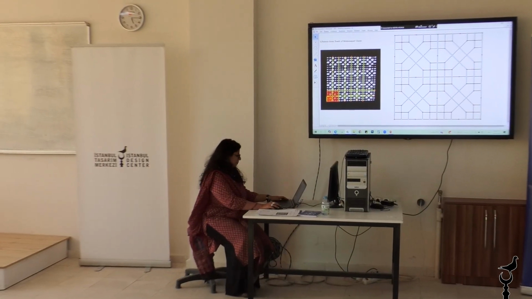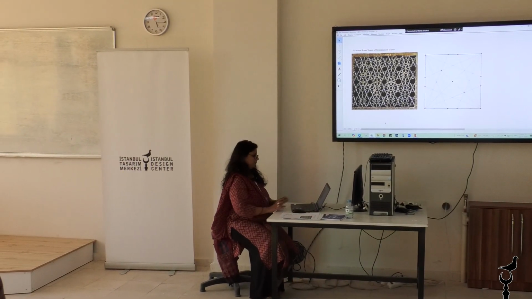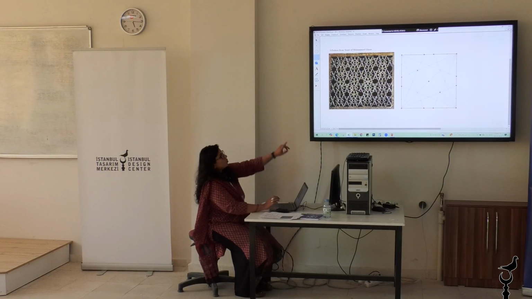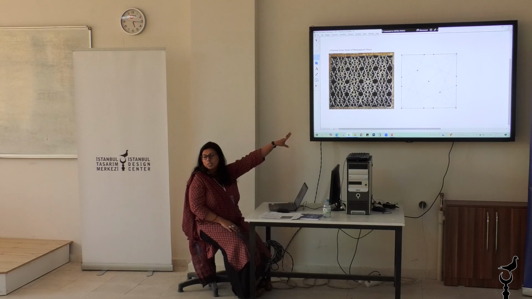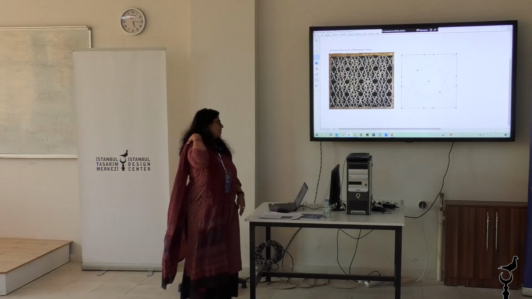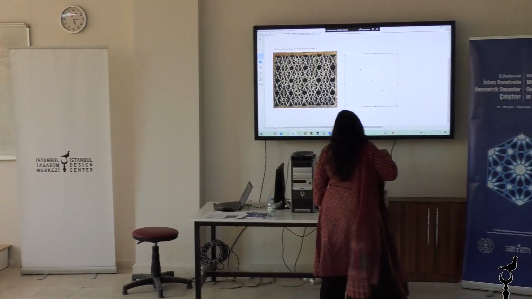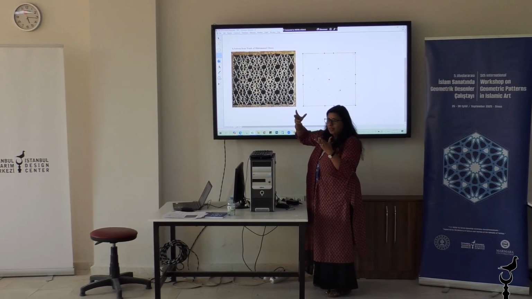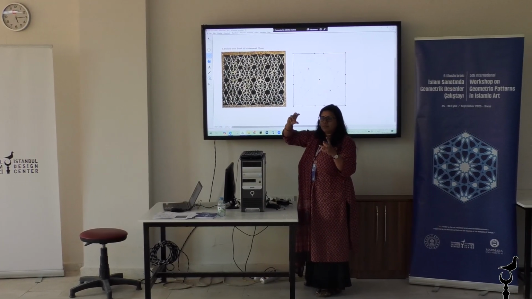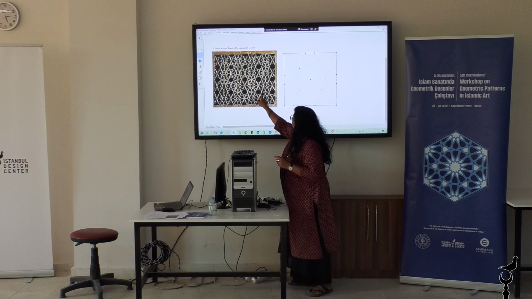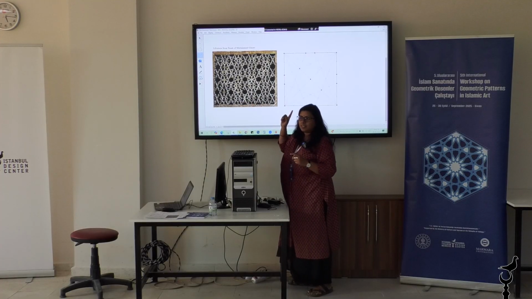We go to the last one. If you notice, this is also an octagon, so again a family of 4 and 8. It's a rosette. Rosette means flower, and you call it an 8-petal rosette, an 8-fold rosette, when you have 1, 2, 3, 4, 5, 6, 7, 8.